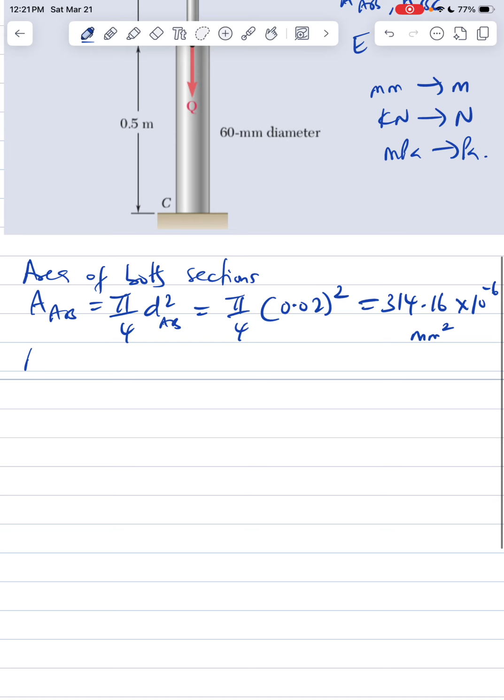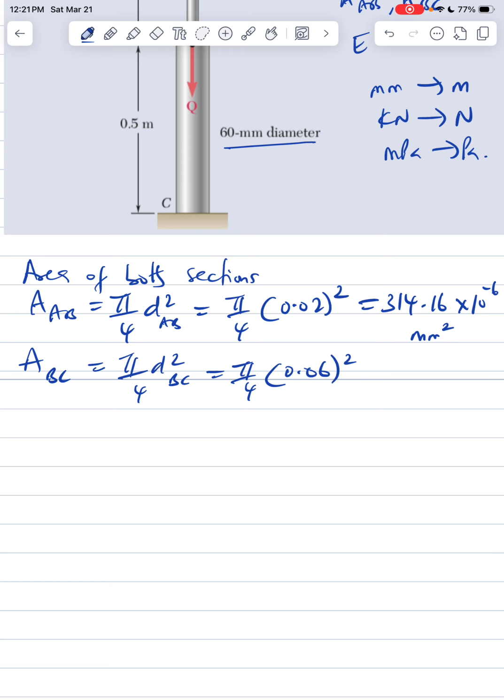Now for the area of BC, it's pi d squared over 4, which is pi over 4 times the 60 millimeter diameter, 0.06 squared, and that will give us 2.8274 times 10 raised to the power minus 3 meters squared, and that's the area.